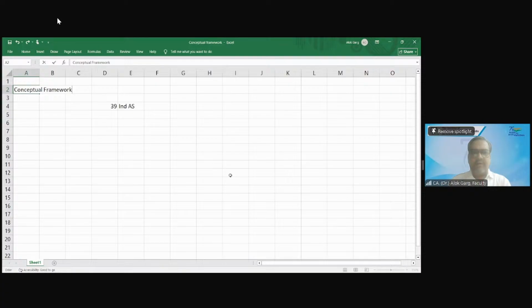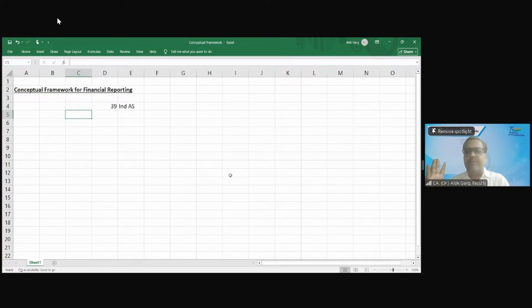Conceptual framework for financial reporting. We have 39 Indian accounting standards, right? And let's talk about Reliance. Reliance is a big entity, and almost all the Indian accounting standards are applicable to it.